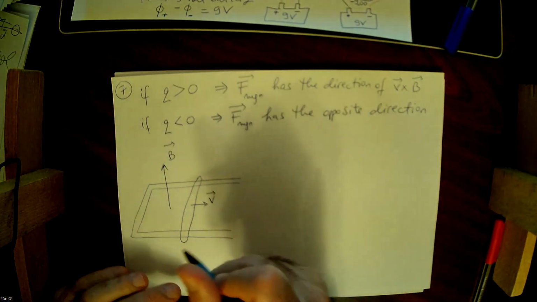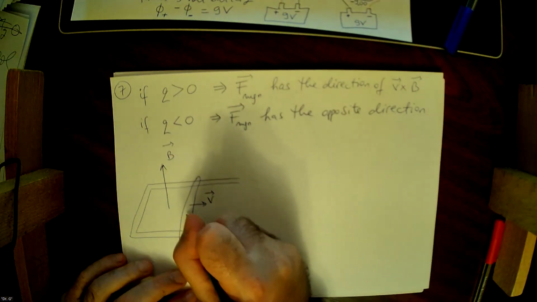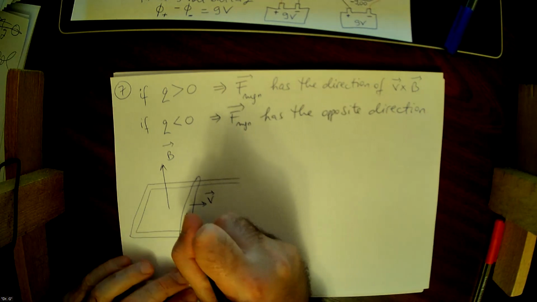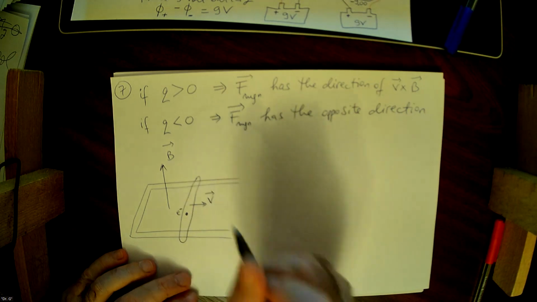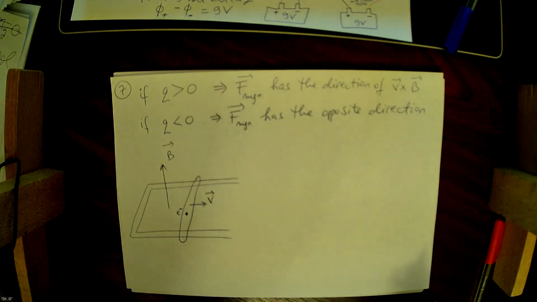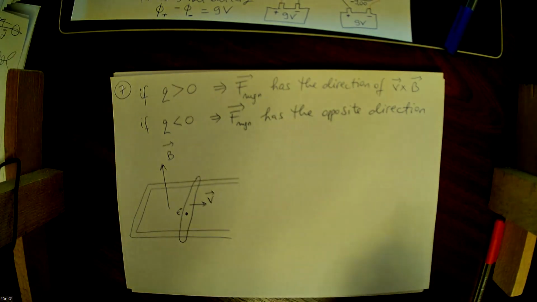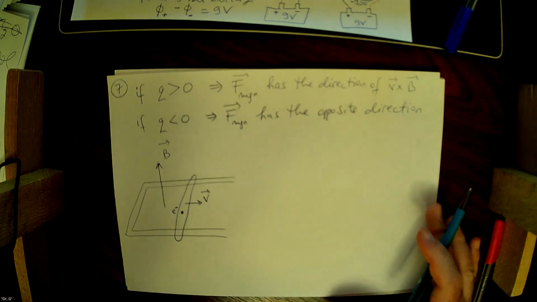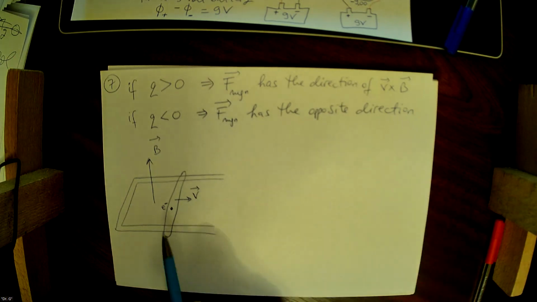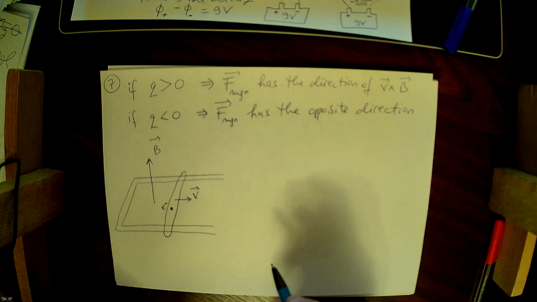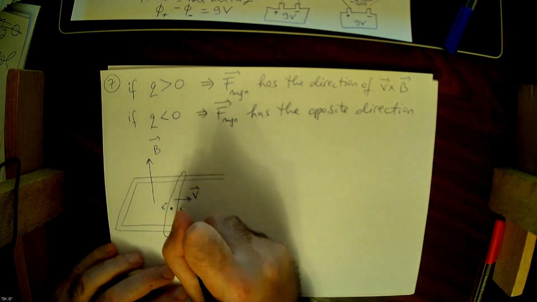And inside the rod, what do we have? We have electrons. These electrons are forced to move with the velocity of the rod, but they have an electric charge.